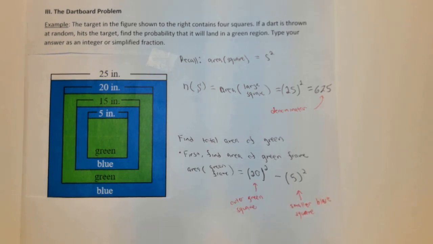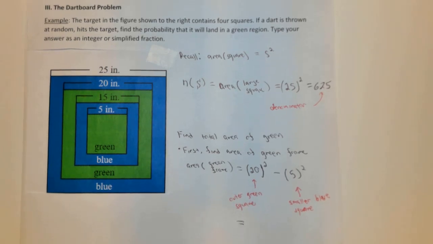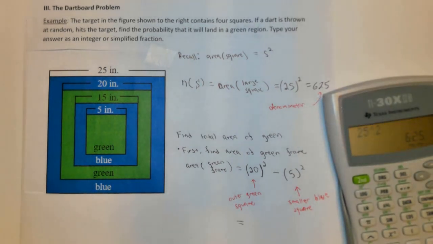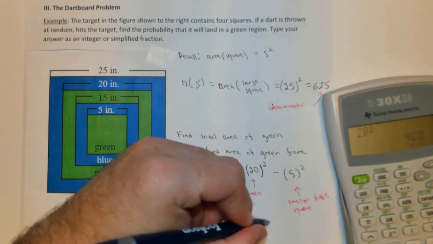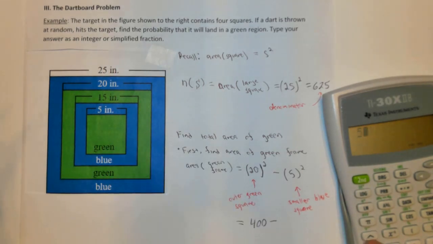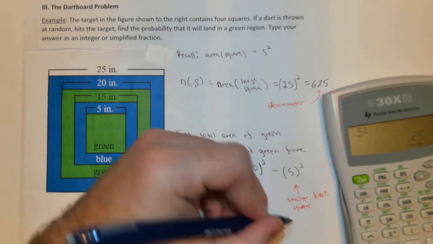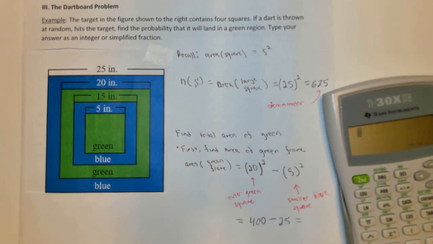Okay, that's what's going on there. So this number 20 squared is 400. In fact, you could do all of this together. Minus 5 squared, which you should know is 25. You could have done that all together. So 20 squared minus 5 squared is 375.